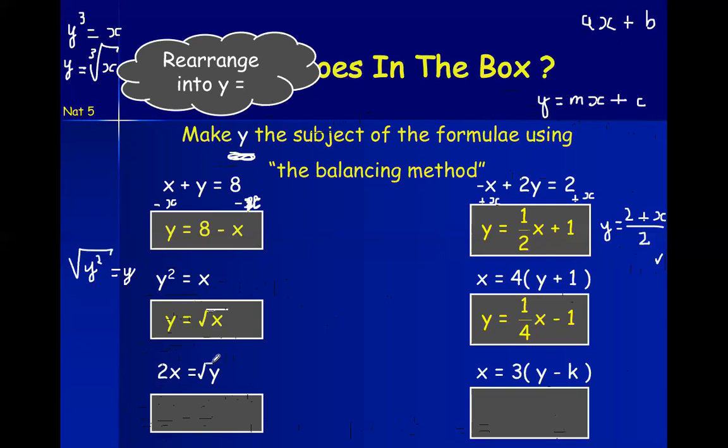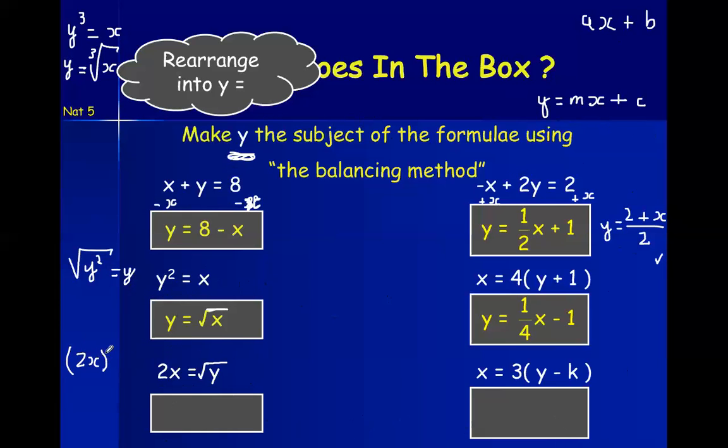So the next one here, I've got a root. So what did we say? Square root and square are opposites. So I need to square both sides to get rid of that root y. So you need to take 2x and you square it.